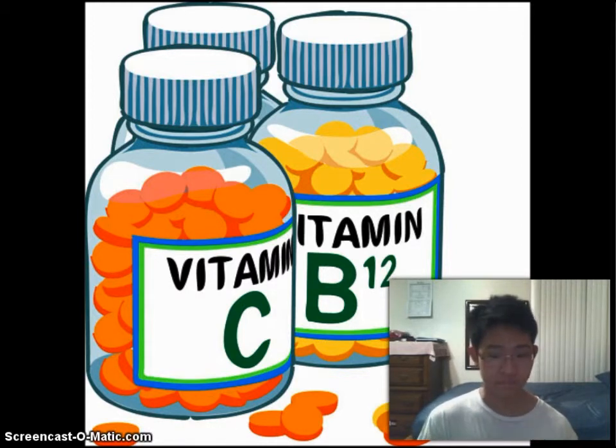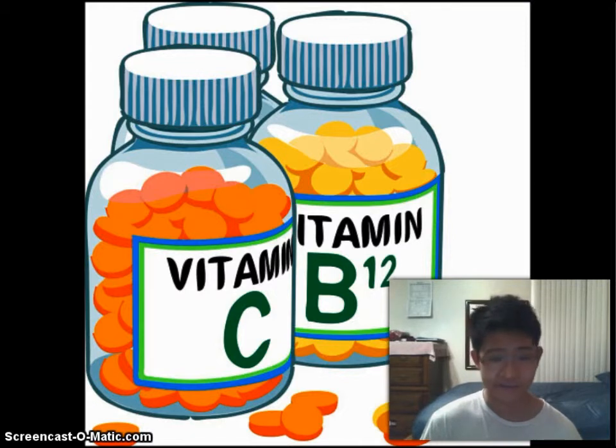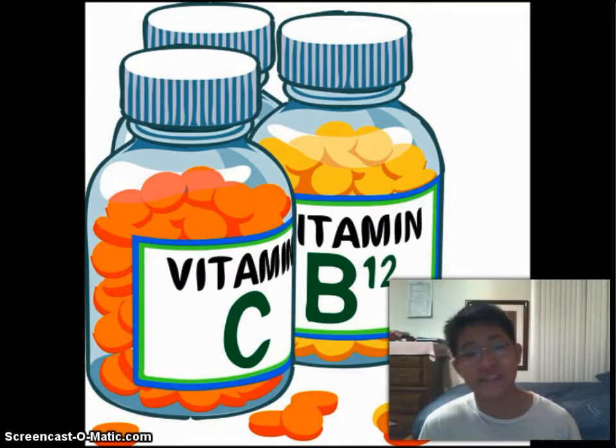Coenzymes are mostly organic, like vitamins. Of course, if we don't have enough vitamins, we suffer from vitamin deficiency, and our enzymes wouldn't work, and we suffer because of that. So there are activators for enzymes.